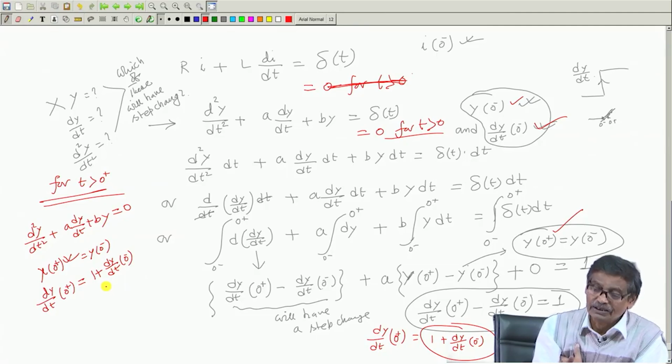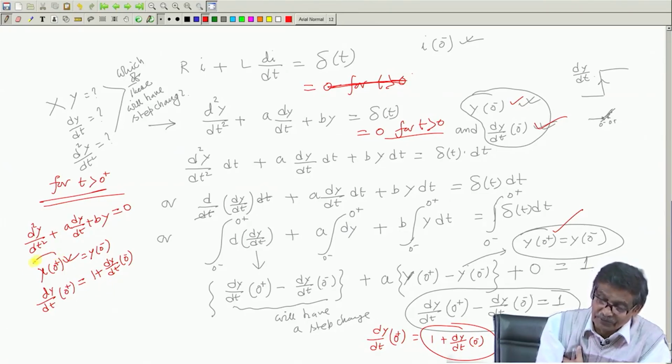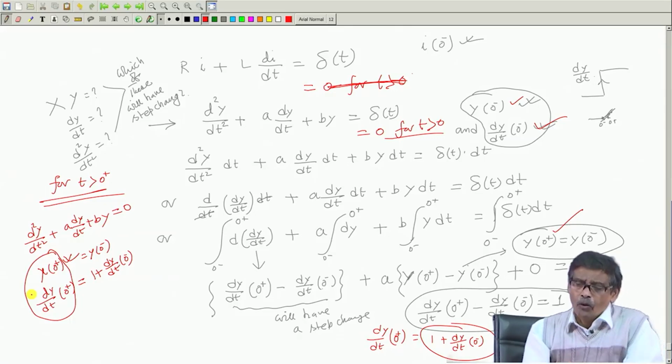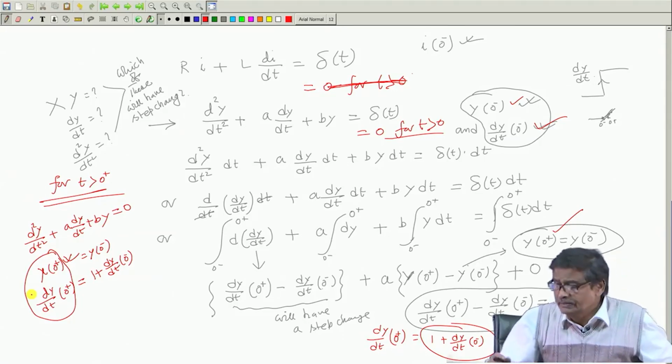So the system has no excitation now for t greater than 0 plus, but these are the new boundary conditions. Apply them and solve. Right hand side will be 0. Hope you are following me.